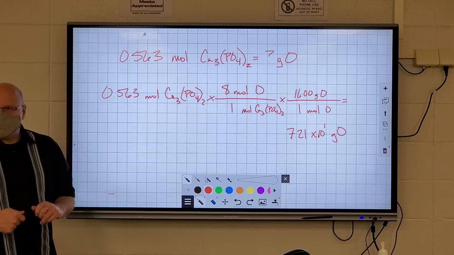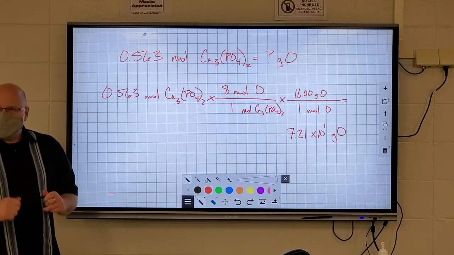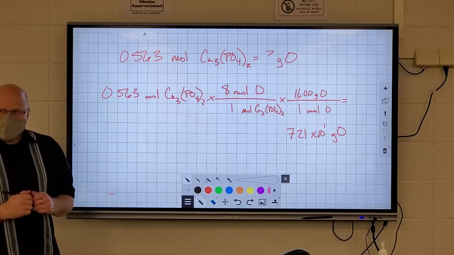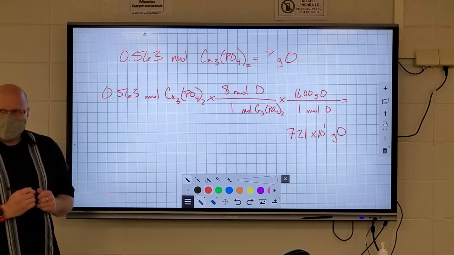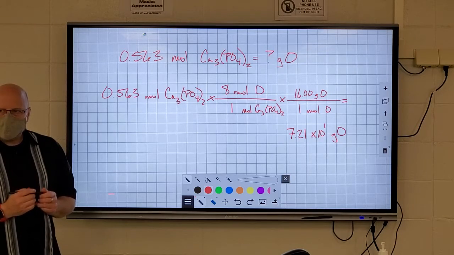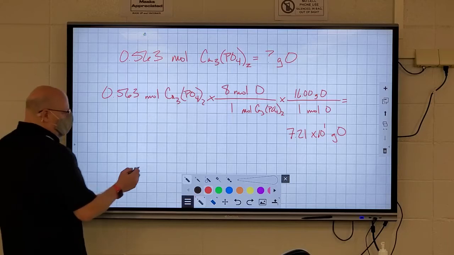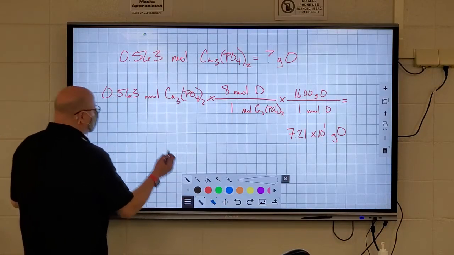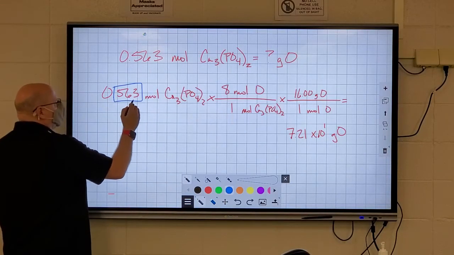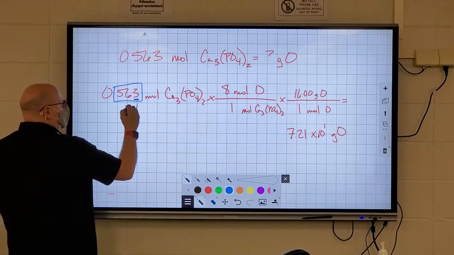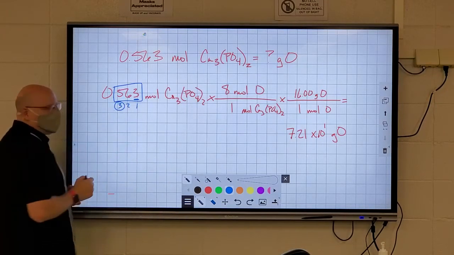You okay? Wait, can you repeat why it's 3 significant digits instead of 2 decimal places? So this has, we only look at these, that's my uncertain digit, right? 1, 2, 3 significant digits.